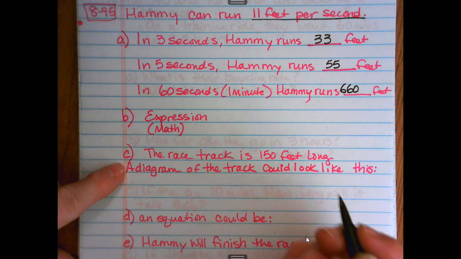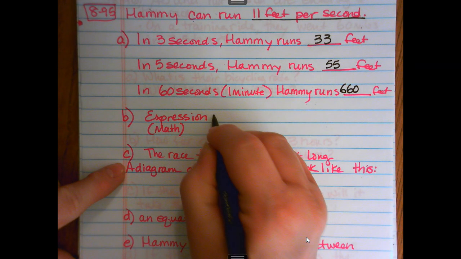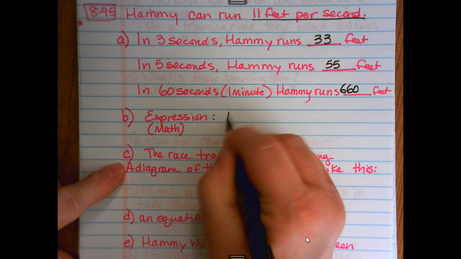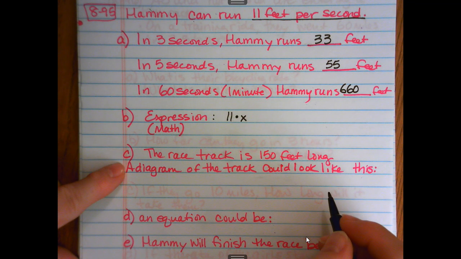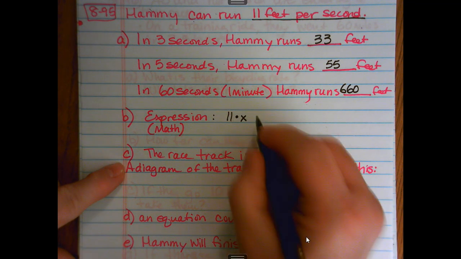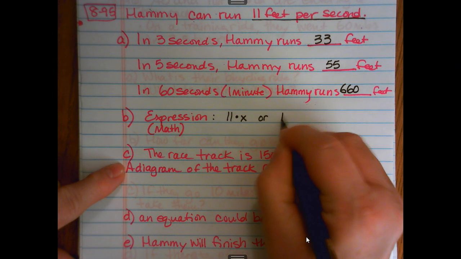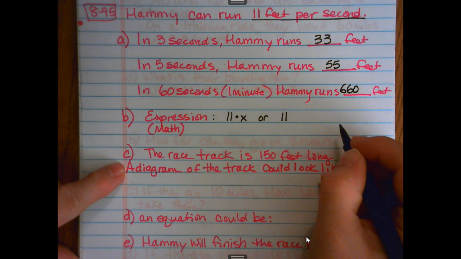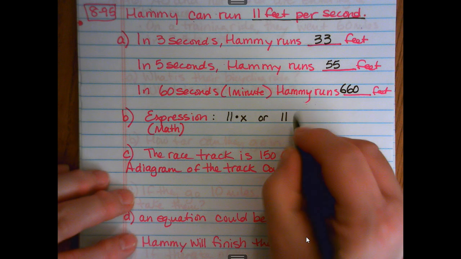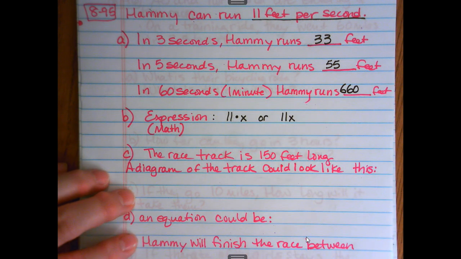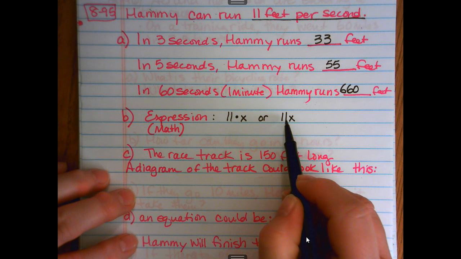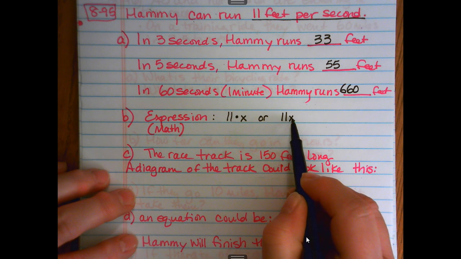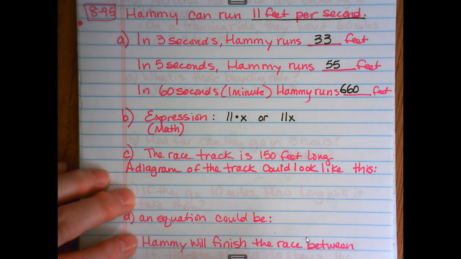That would be, we could write that something like 11 times x, which could be our variable, or because when we're writing this in our future math classes, we want to write this in the most efficient way possible, we could write it 11x. Remembering that when I have a number and there is nothing between that number and a letter, that means multiply.